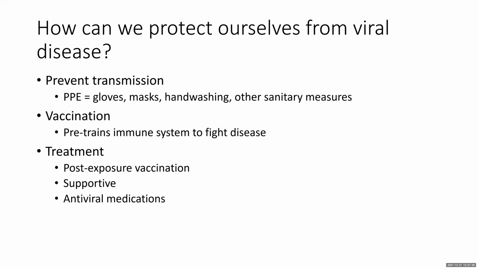So as humans, we've invented better personal protective equipment, PPE, everybody knows what that is, gloves, masks, and other sanitary measures, such as understanding that diseases are caused by microorganisms, bleach, ammonia, just washing with hot water and soap in order to prevent transmission. That's the best way we can protect ourselves from getting the disease in the first place.